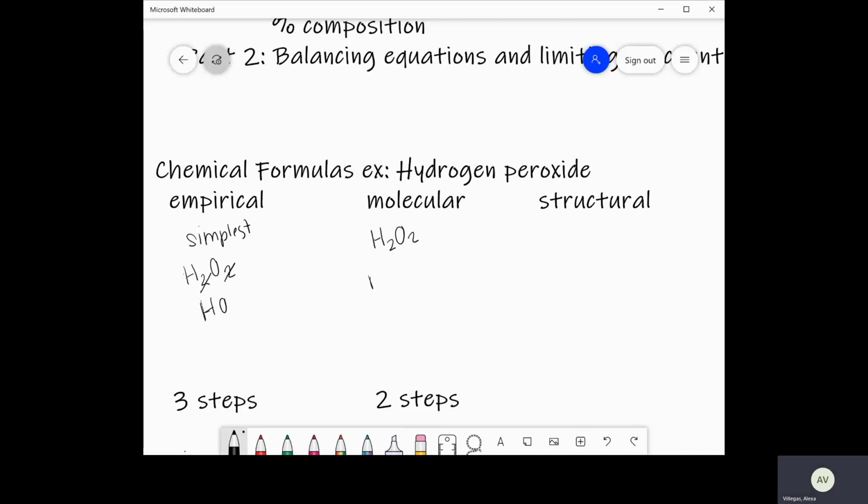So here, you do not reduce your subscripts. And the third way is a structural formula, and that shows, instead of subscripts, how the atoms specifically join together. And that will come up later in the semester, I believe in chapter 7.